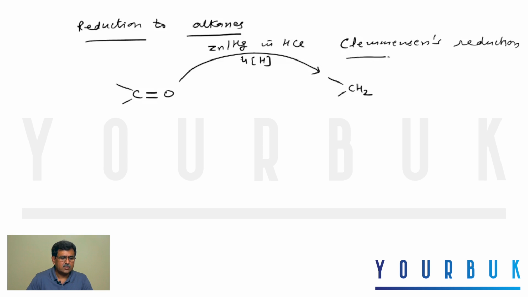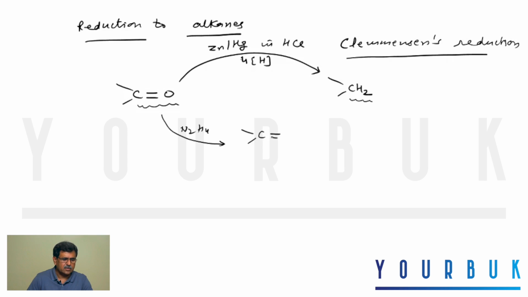So all these name reactions are very specific. When we say it's Clemmensen's, it means you have to use only zinc amalgam in HCl. Again, there is no change in the number of carbon atoms. So CO group is reduced to CH2. But we can also reduce CO group to CH2 via hydrazone formation. So we are using hydrazine.